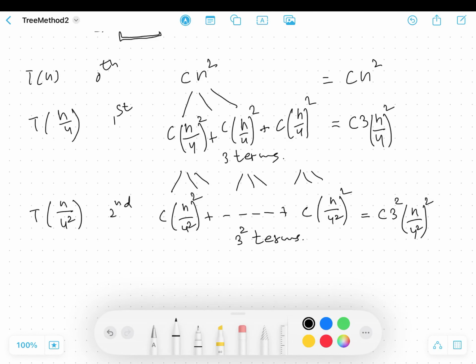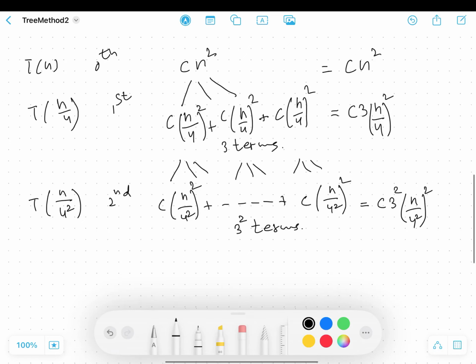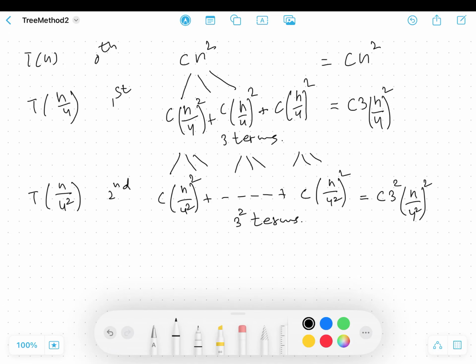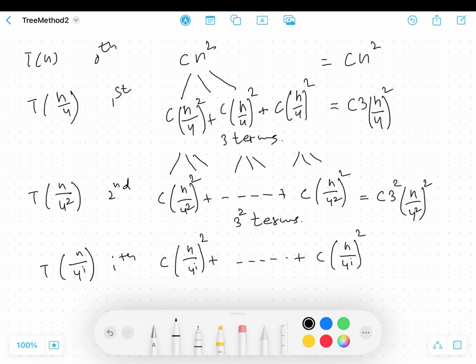Now if we keep on going like this, we will have the ith level, which will be like this, and these will be 3 raised to the power I terms.